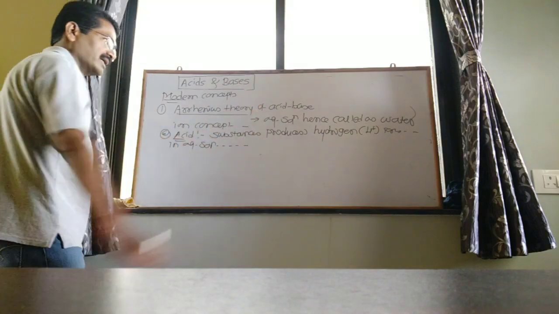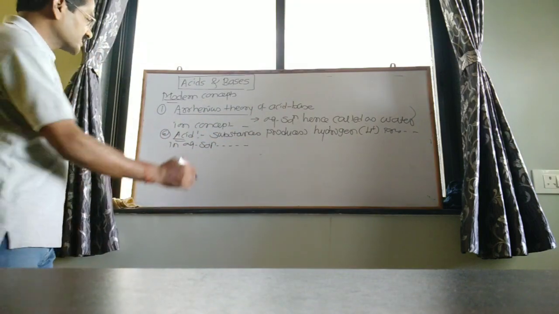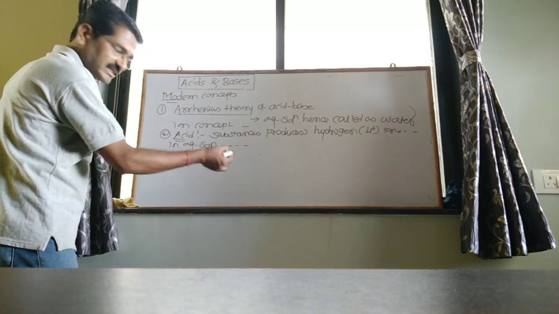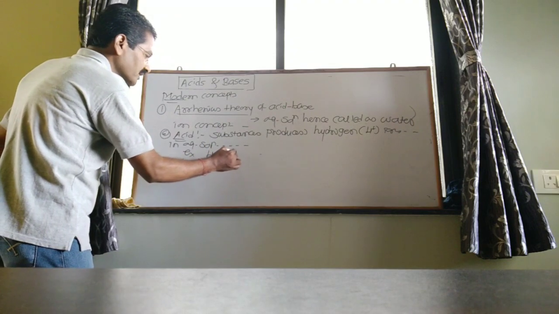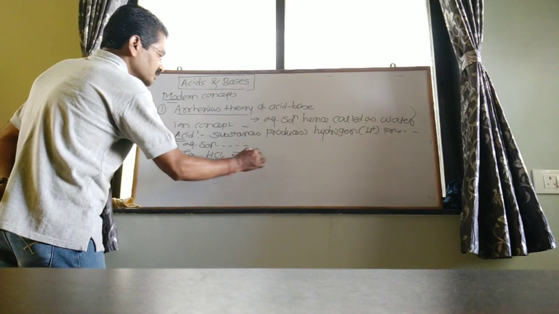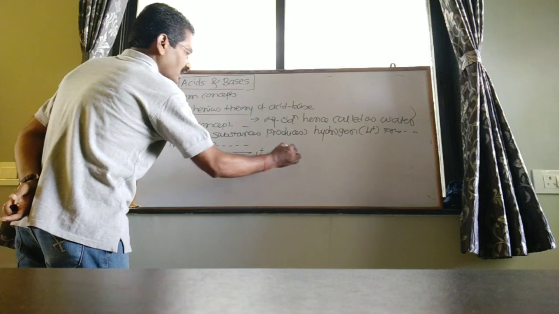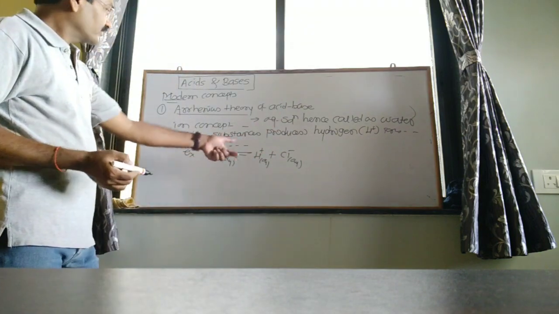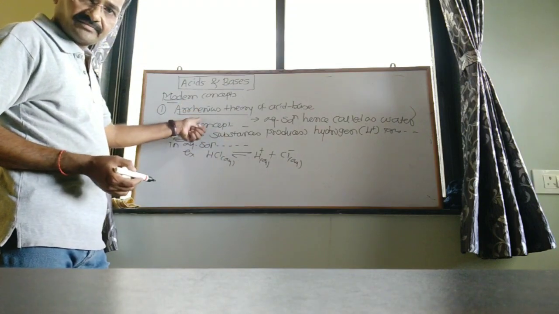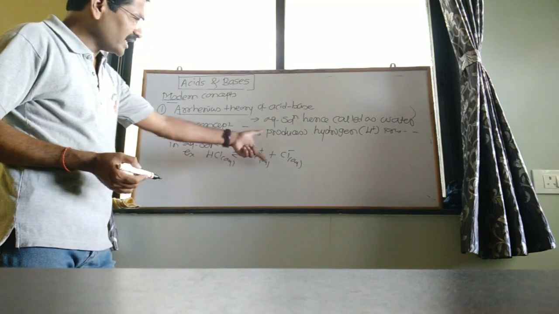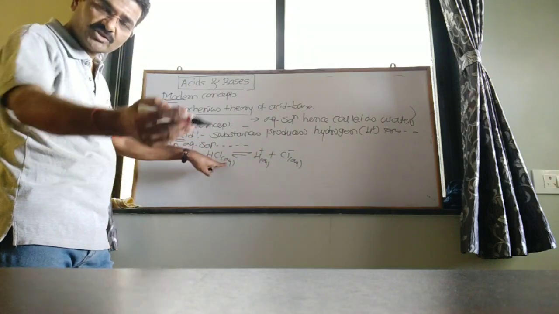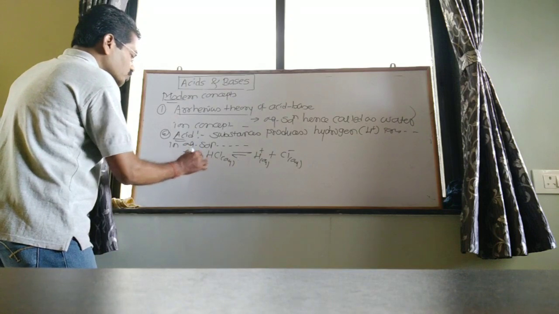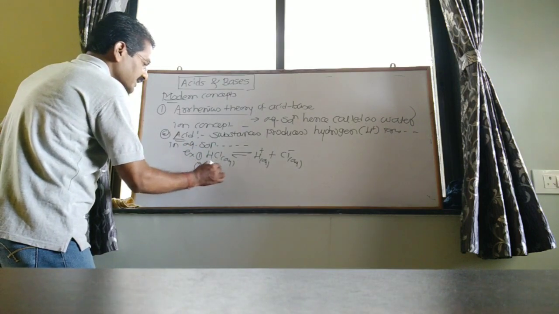For example, HCl. When HCl is dissolved in aqueous solution, it gives H plus and Cl minus ions. So HCl is an acid because it produces hydrogen ions, H plus. Another example, H2SO4, sulfuric acid.